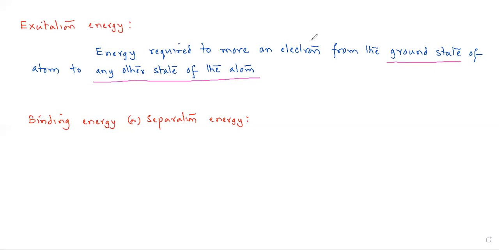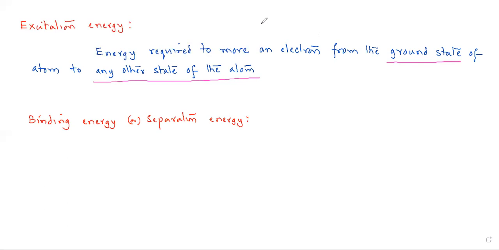Suppose if an electron is present in the first orbit, it will have the same energy as that of the first orbit. If it is present in the third one, its energy will be the same as the energy of the third orbit. If suppose it is there in the third orbit and it has to be removed from there to n is equal to infinite state, I mean, if you want to remove it from the third state completely out of the atom, then that is what we call binding energy.